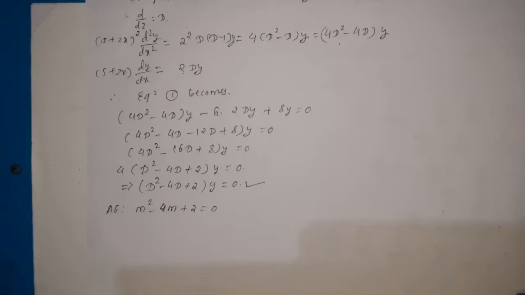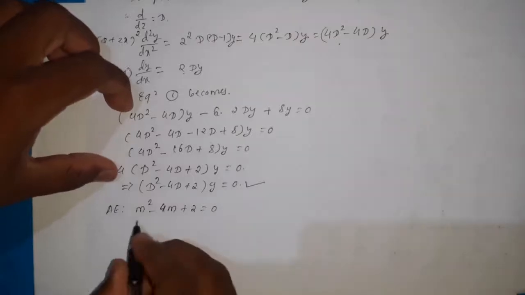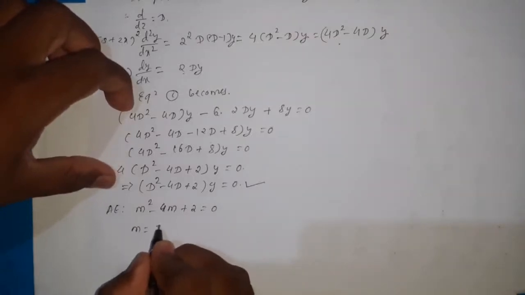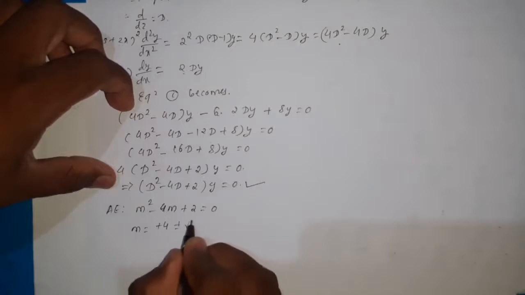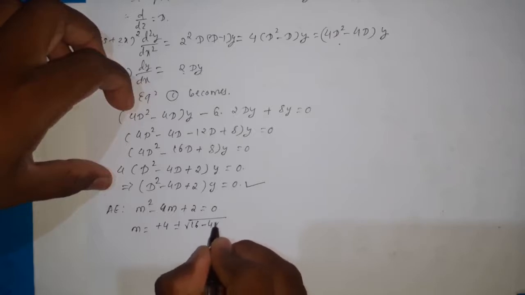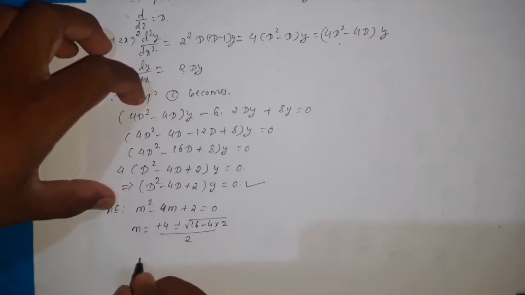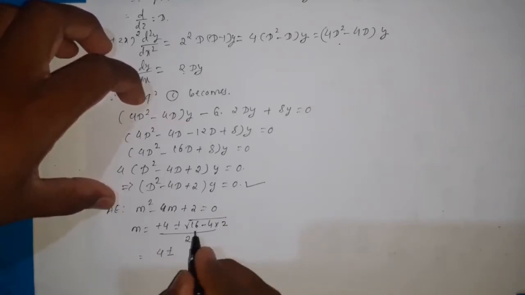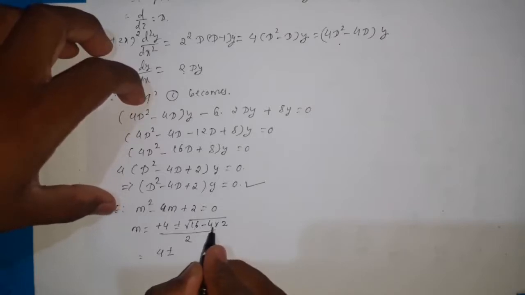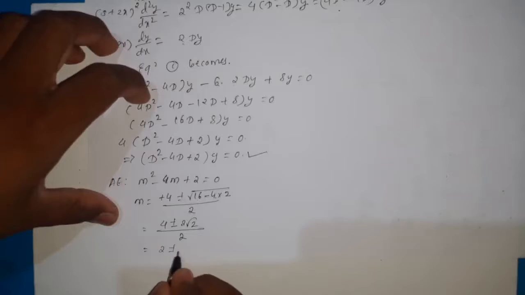It is a quadratic equation in m, so by applying the formula m = (−b ± √(b² − 4ac))/2a, we get m = (4 ± √(16 − 8))/2 = (4 ± √8)/2, and √8 can be written as 2√2, so m = 2 ± √2.